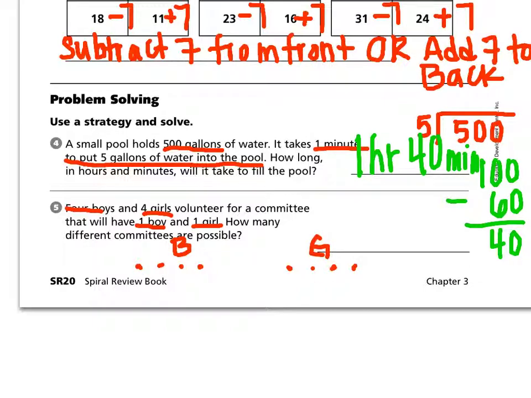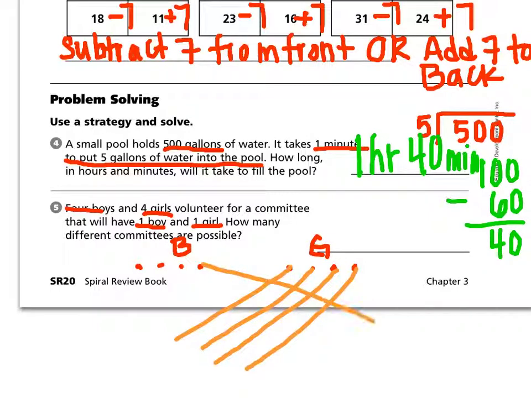Now, with an intersecting chart, you're going to be able to find the possibilities by drawing your lines and then counting how many times they intersect. So those are the girls. And those are the boys. Now remember, intersecting lines are where they are crossing.